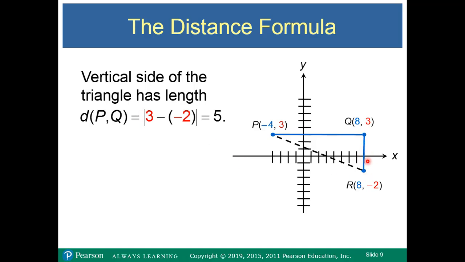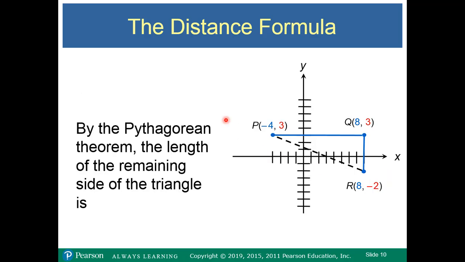So this is the difference in the y values. The 8's are the same. So the difference in the y values is telling us how far down it is. So we go the larger number minus the smaller number, and so you get 5. Okay, and of course it's an absolute value. Now the Pythagorean theorem gives us the length of the remaining side of the triangle.